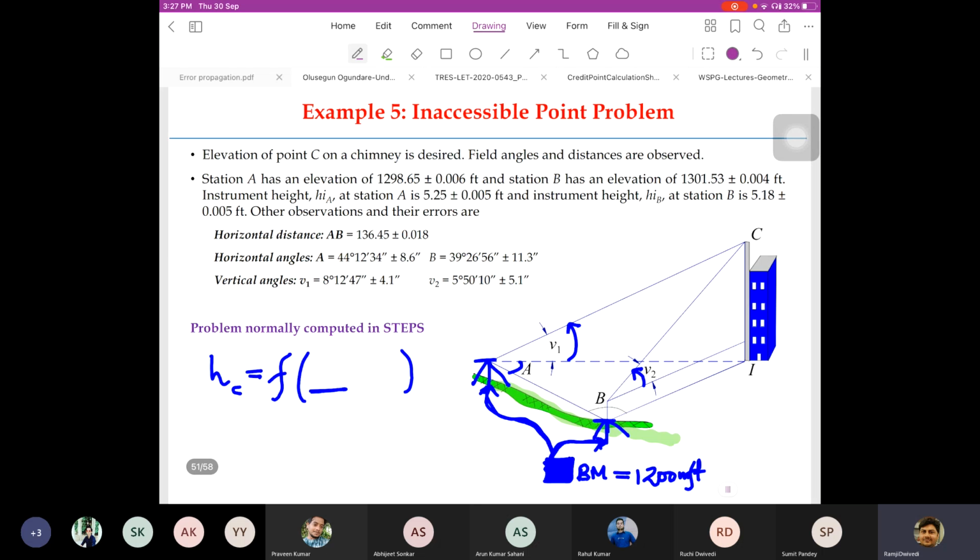Think, seven parameters. No, beta. Think again. Sir, four parameters, angle A, B. Wrong. Five parameters. Wrong. So five parameters, horizontal distance and four angles. Wrong.